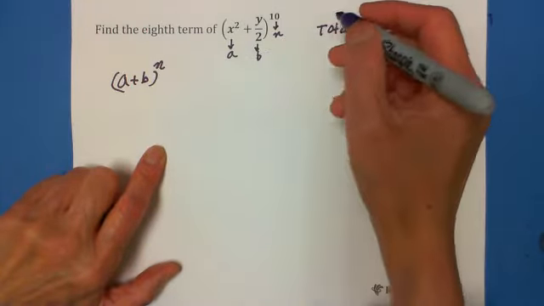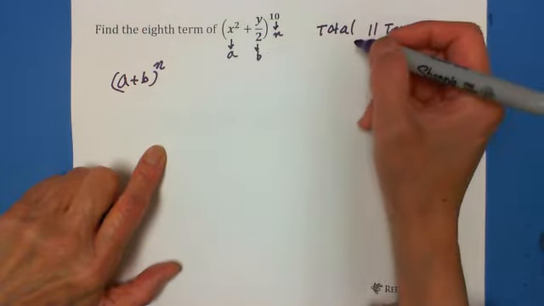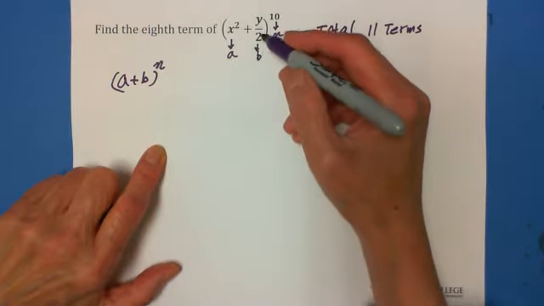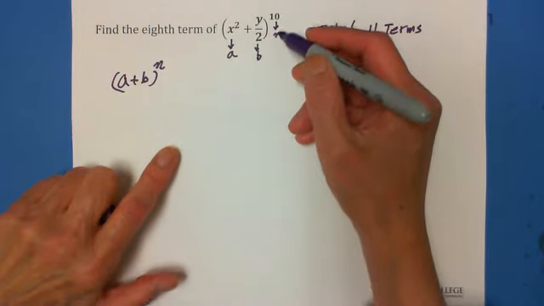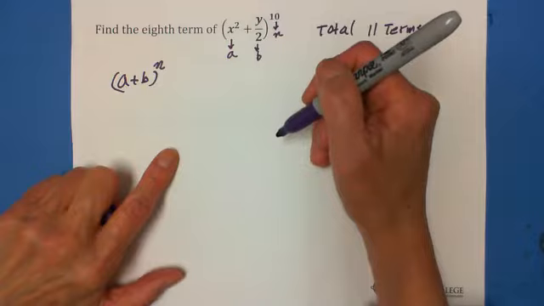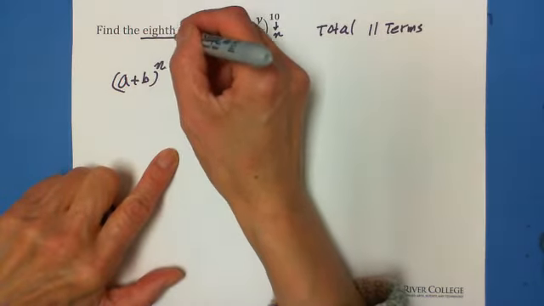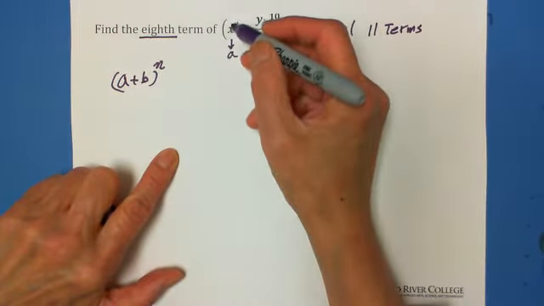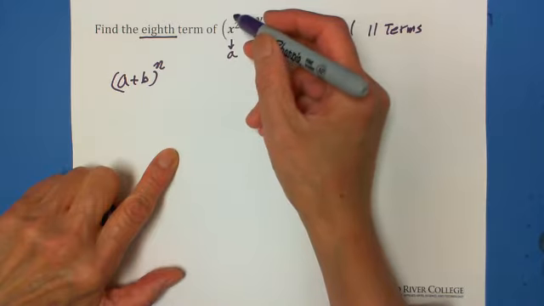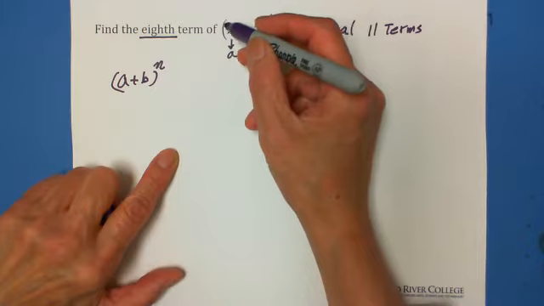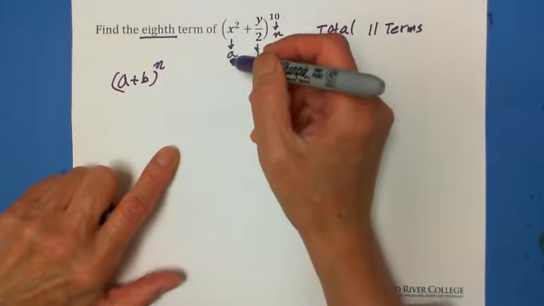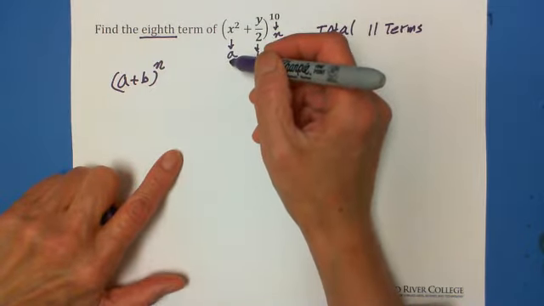Now the a is x squared, b in this question is y over 2, and n equals 10. For the eighth term, we don't worry about the final exponent of x; we need to find the exponent for a.